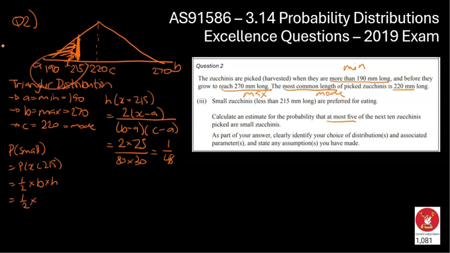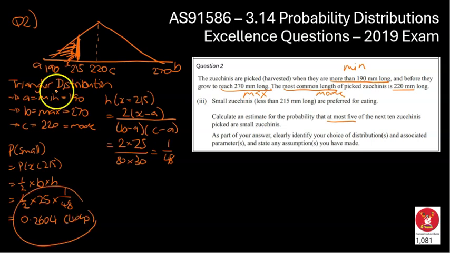The base of this triangle is the difference between 215 and 190, and that's going to be 25. And the height of my triangle, I've just calculated to be 1 over 48. So I've got 1 over 48 there. Looking pretty messy, but I'm just going to bang that into my calculator, and I'm getting 0.2604, to 4 decimal places.